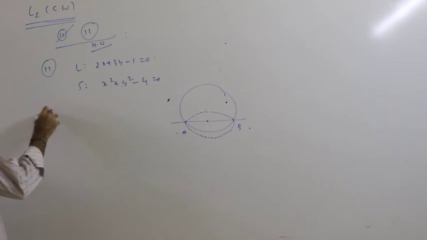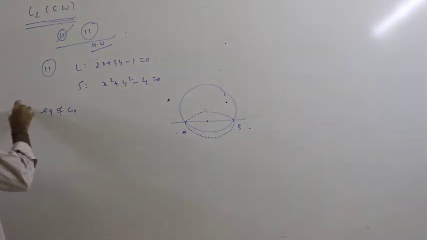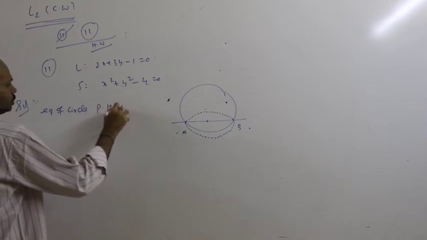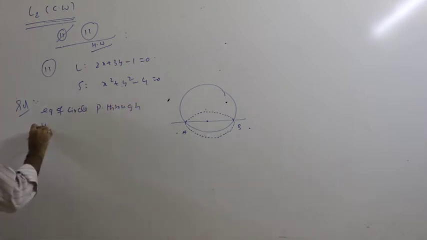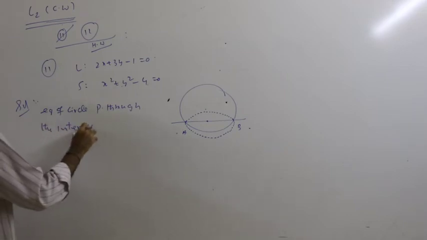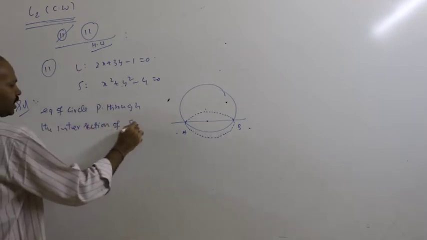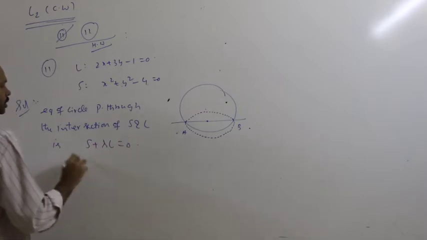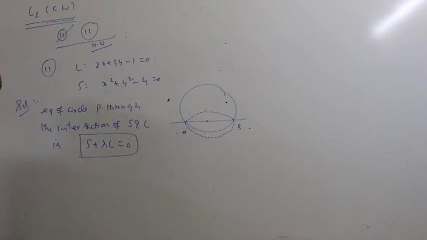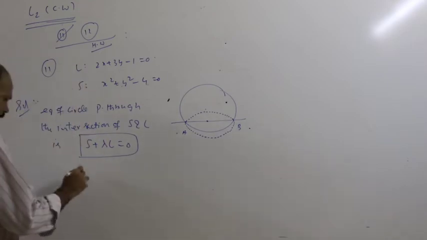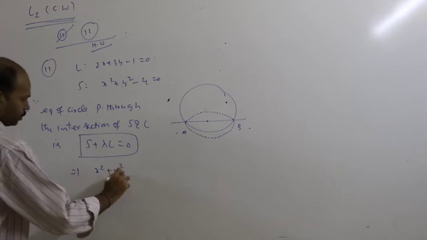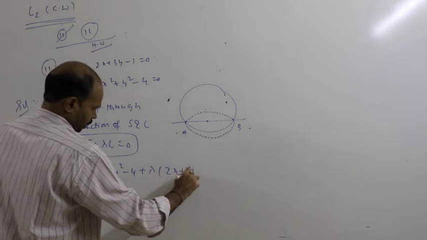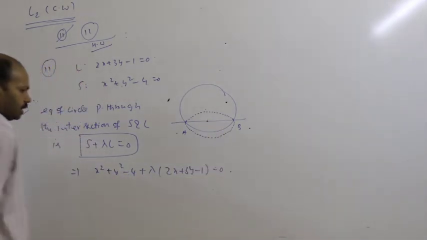We know the equation of the circle passing through the intersection of S and L is S plus lambda L is 0. You have seen these models in your IP also. What is S plus lambda L? x square plus y square minus 4 plus lambda times 2x plus 3y minus 1 is 0.